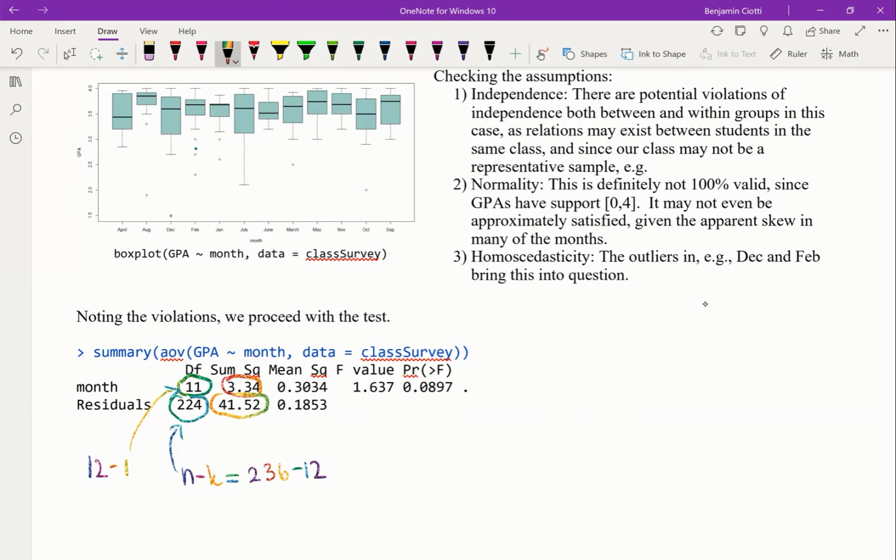R calculated the sum of squares for me, and I can then divide by the corresponding degrees of freedom to get the mean squares. So this number right here is going to equal 3.34 divided by 11. And this number right here is going to equal 41.52 divided by 224.